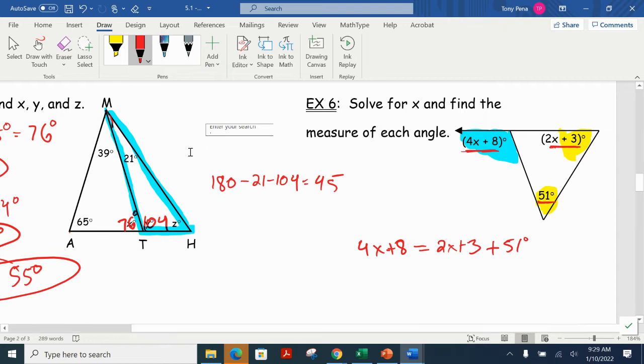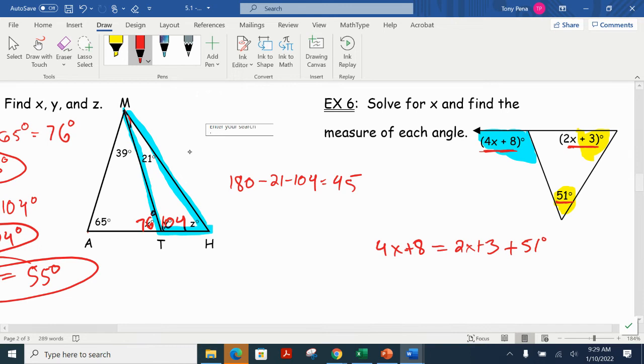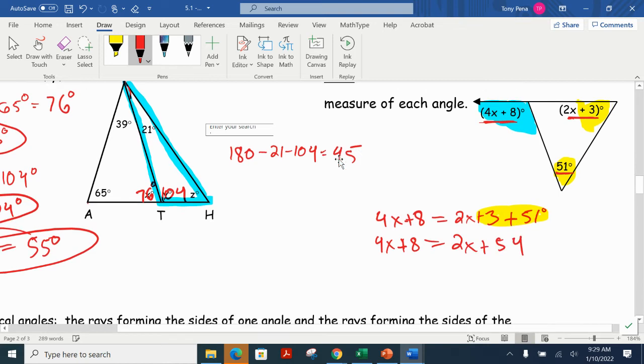A common theme with all of these is we start you out thinking through with numbers only, and then we follow up with the same thought process, but then it's a little bit of algebra. We're going to have to solve for x, okay? So this is now your equation. You have 4x plus 8 equals, we have some like terms on the right-hand side, so we're going to combine those first. So 2x plus 54.